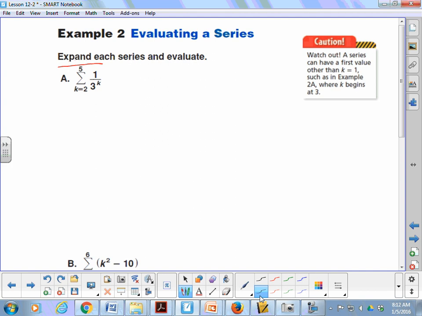So when it says expand, it just means I'm going to take this and put in 2 for k, the very first number, because it says k equals 2, so 2 goes in there first. And then I put in 3, and then I put in 4, and then the last number is 5. So that's the expansion right there.